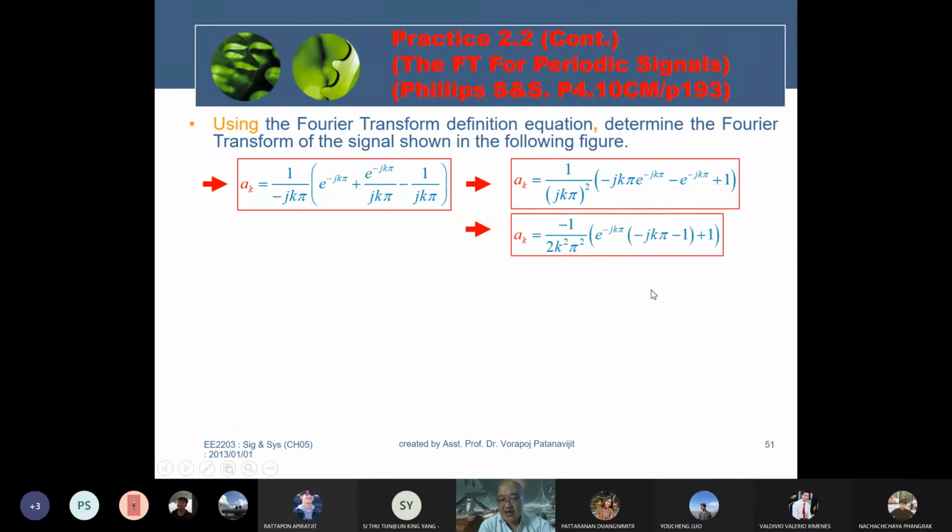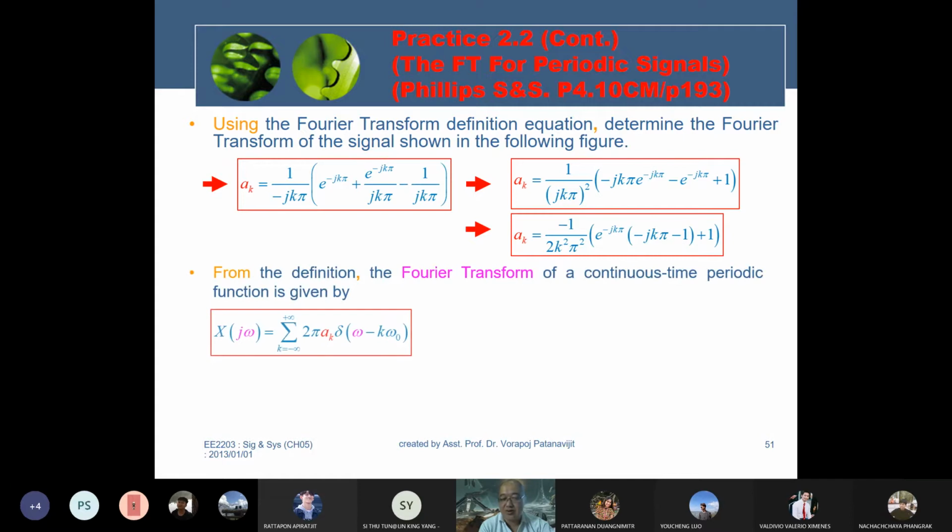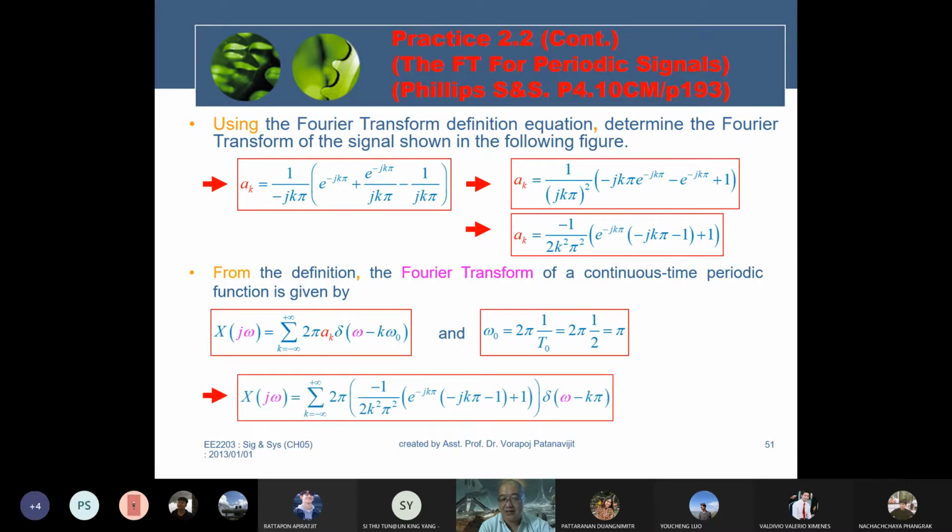It's not finished yet, because the question doesn't ask for the Fourier series, it asks for the Fourier transform. But the Fourier transform of a periodic signal must use the Fourier series coefficients. From the definition, the Fourier transform of a continuous time periodic function is X(j omega) equal to the summation from k equals minus infinity to infinity of 2 pi a_k delta(omega minus k omega naught).